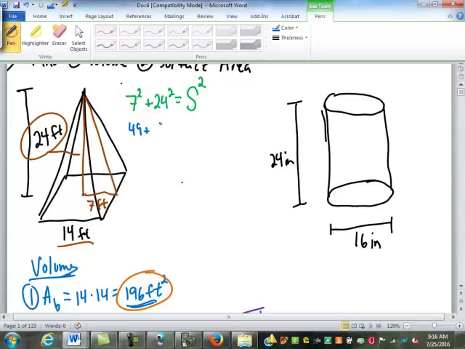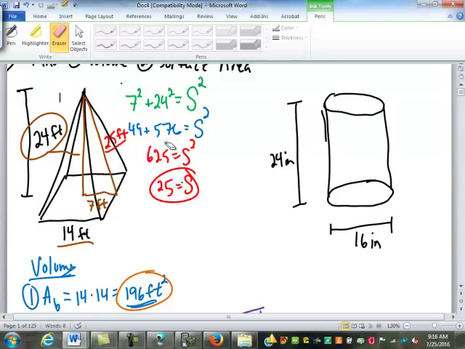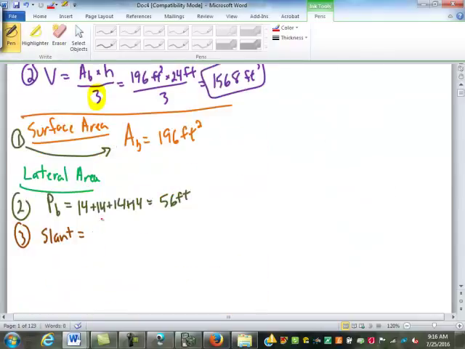So 49 plus 576 equals our slant squared. Adding those together, 625 equals our slant squared. Square rooting gives us a slant of 25. So we have a slant of 25 feet.